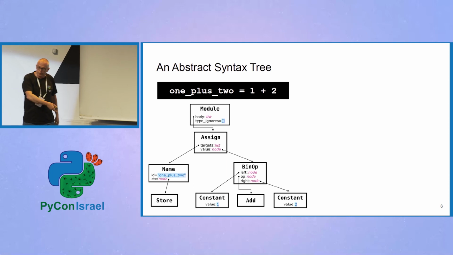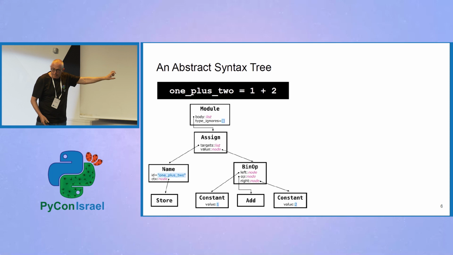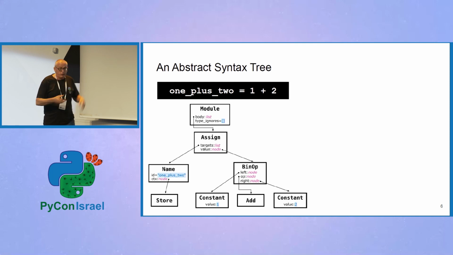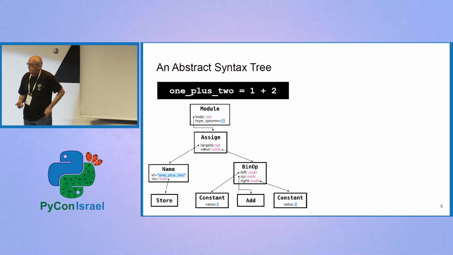And on the right side of the assign statement, you see the binary operation, the add, and the two constants, 1 and 2. So it is easy to understand that the source code actually translates to this kind of formal representation that is called, in many compilers, an abstract syntax tree.